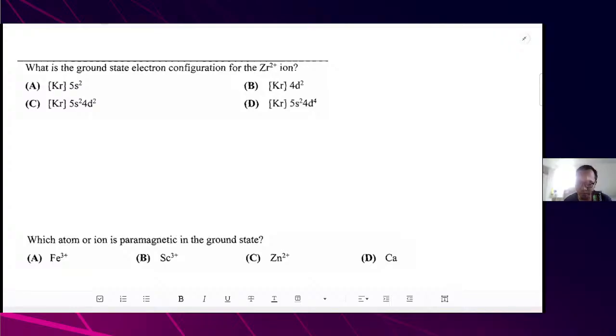Like the previous videos, we are still discussing the ACS exam. Right now we are in the topic of electronic structure, which contains electron configuration and a bit of quantum.